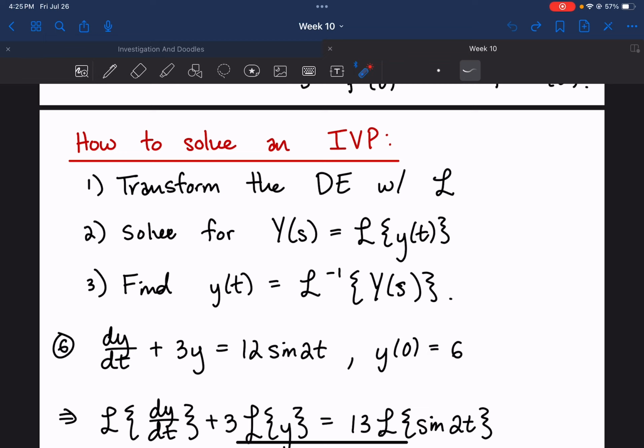Right, so we're given a differential equation with some initial value conditions. We transform the equation with the Laplace transform. Then we're going to solve for the Laplace transformed variable Y, which is the Laplace transform of y of t. Once you have Y, you're going to inverse Laplace transform that, and that will be the solution to the differential equation.